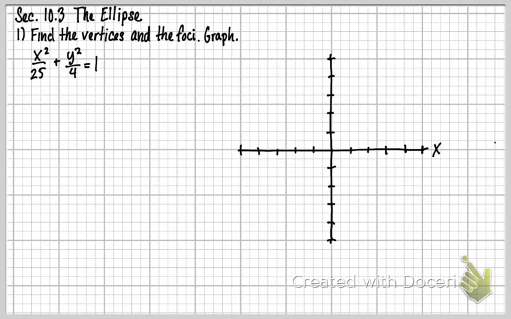Now remember, when I have x squared over some number plus y squared over some number equals 1, the equaling 1 here is the component that tells me that it's in the form where I can tell everything about it. If that was any other number but 1, I would have to get it so that it equals 1, so then I can talk about all of its characteristics in its simplest form. So that's how we're going to start with this problem.